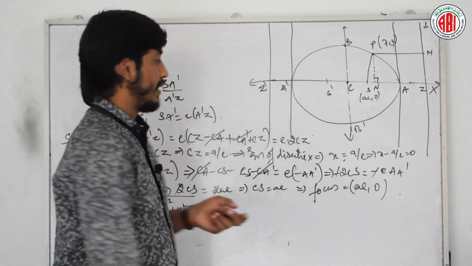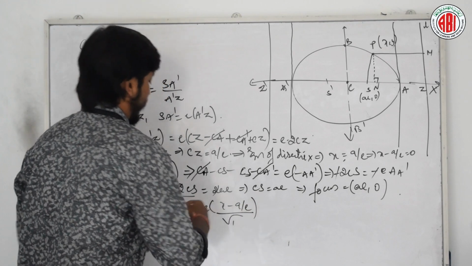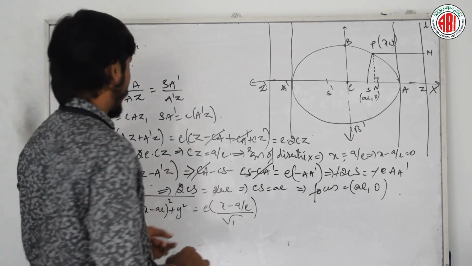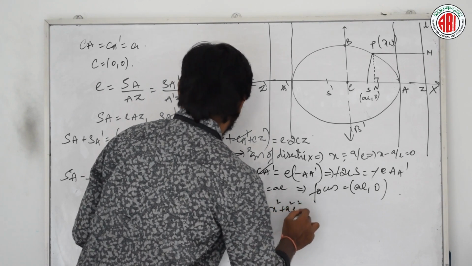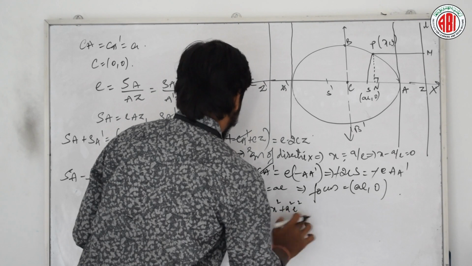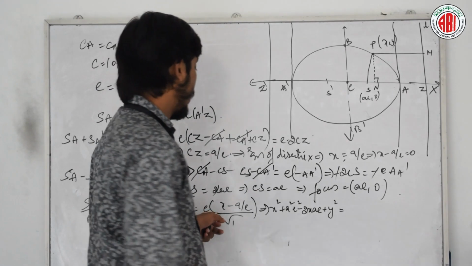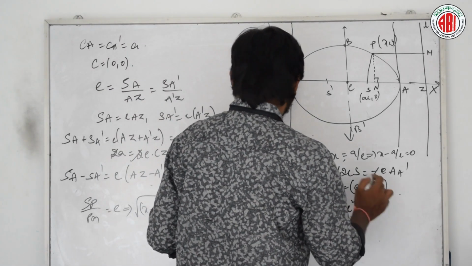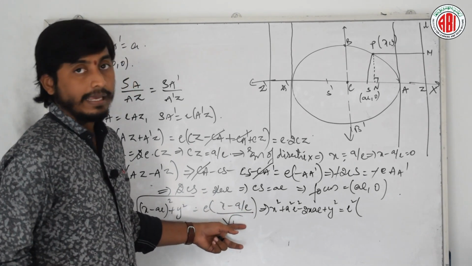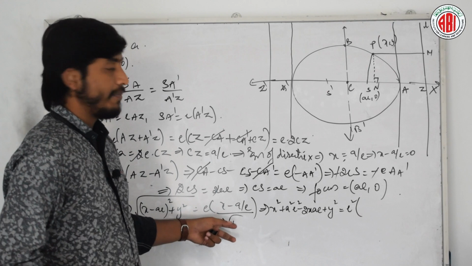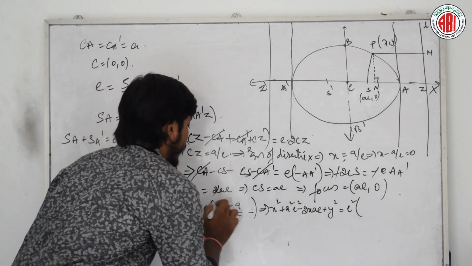Right? Now, let us substitute that. X minus A by E divided by, obviously, under root 1, and everything the same story. Now, let us square on both sides. What do we get? X square plus A square E square minus 2AXE plus Y square is equal to E square into, if I take E in the LCM, I will get it as EX minus A by E. So let me multiply this E here.